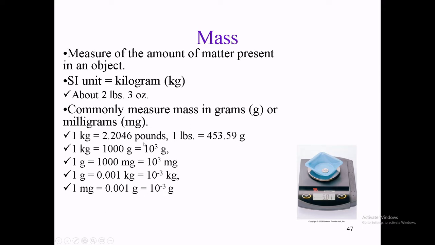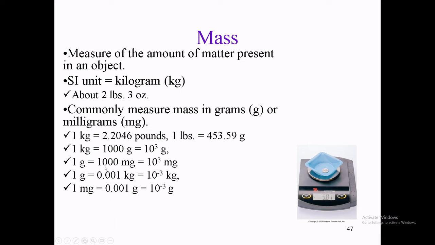So 1 kilogram is 2.2-ish pounds. 1 pound is equal to 453 grams. 1 kilogram is 1,000 grams, or 10 to the 3 grams. 1 gram is 1,000 milligrams, or 10 to the 3 milligrams. And we have the other conversions here, where 1 gram is going to be 1/1000th of a kilogram, or 10 to the negative 3 kilograms, and 1 milligram is going to be 1/1000th of a gram, 10 to the negative 3 grams.